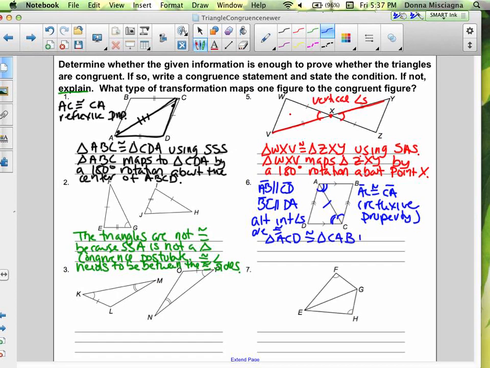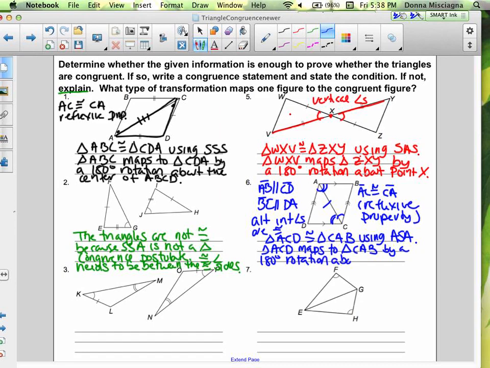And that is using, we have two angles, the side between them, angle, side, angle, triangle congruency. And this is very much, matter of fact, it's identical to problem number 1 there. So this also we would have to rotate. So triangle ACD maps to triangle CAB by a 180-degree rotation.